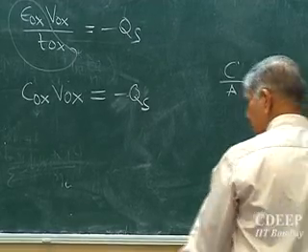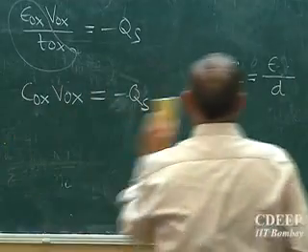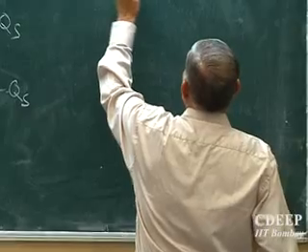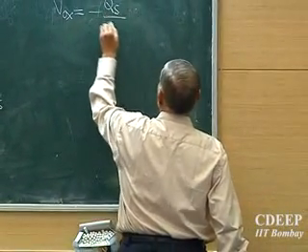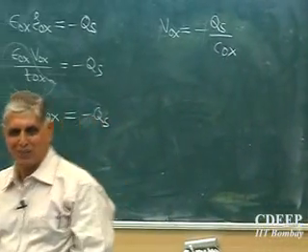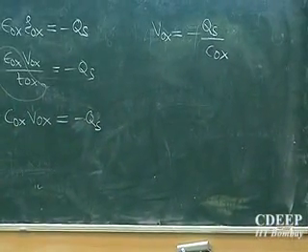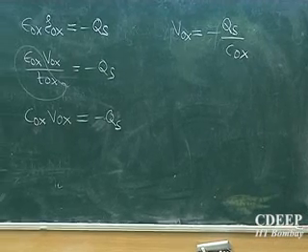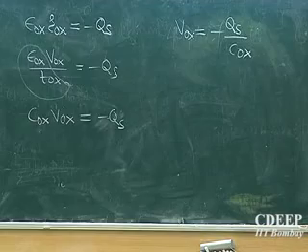Is that okay? So if I do that, then the next equation should be Vox is equal to minus Qs by Cox. So now I have connected it to the semiconductor. Oxide voltage is now seen as a term in the semiconductor, which I know I can always manipulate.